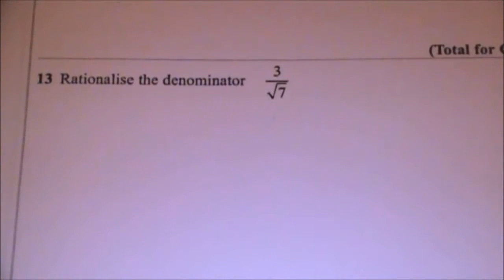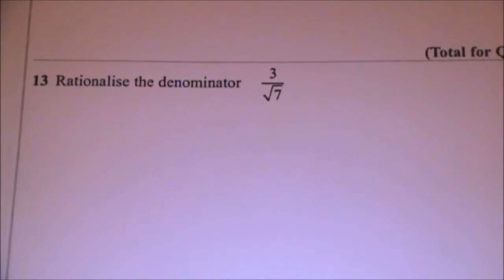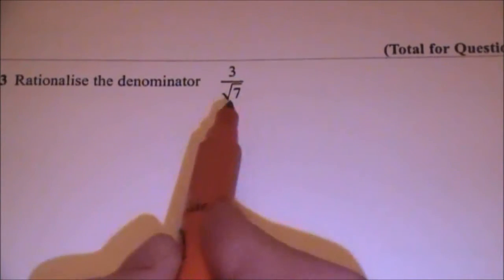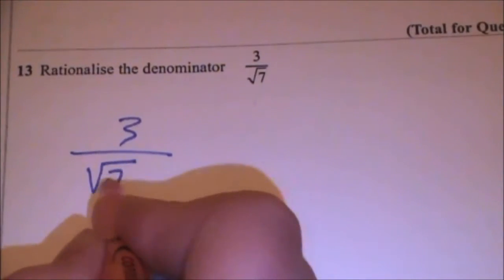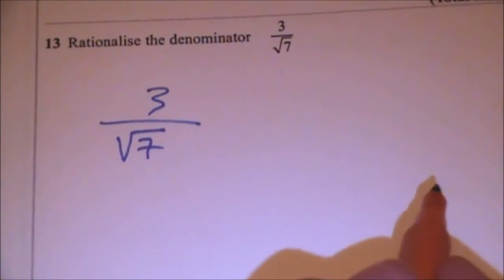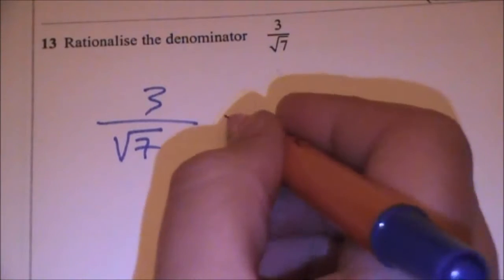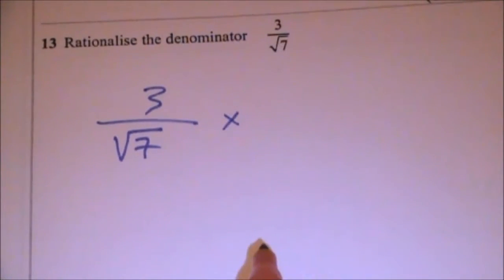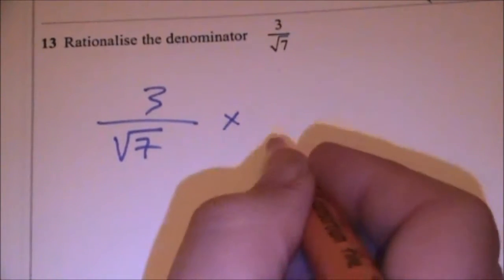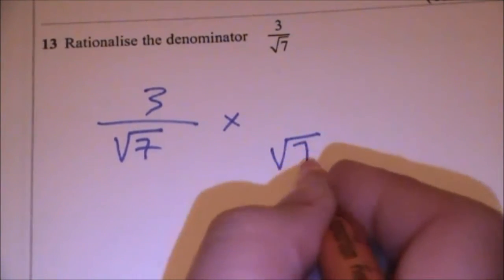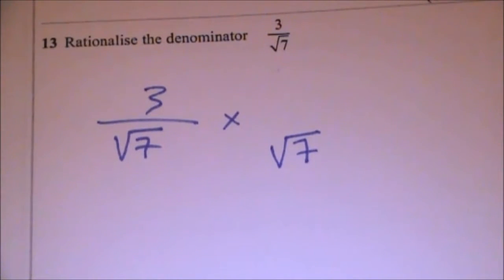And 13 wants you to rationalise the denominator. What they mean by that is they want you to get rid of the square root at the bottom of that. So I'm going to write it out so it's bigger and the camera can focus on it. 3 over root 7. Now, if I times anything by 1, the value of itself stays the same. And if I want to get rid of a root, then I can just multiply it by itself.